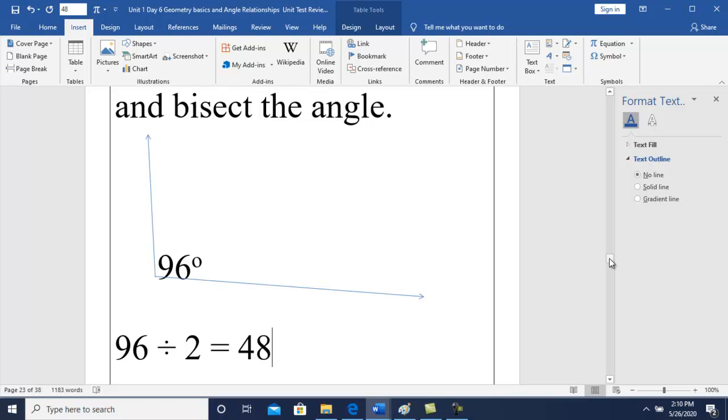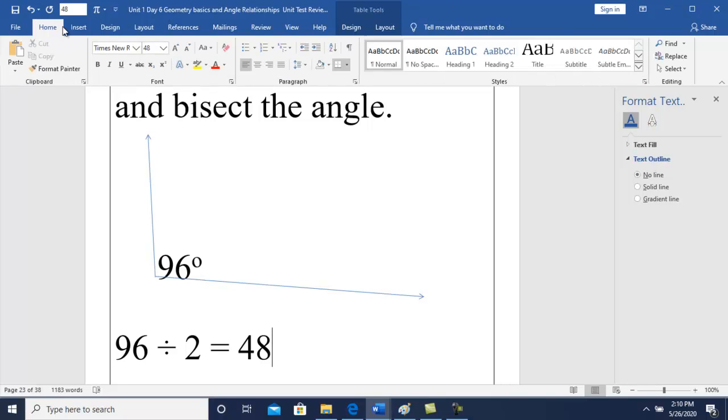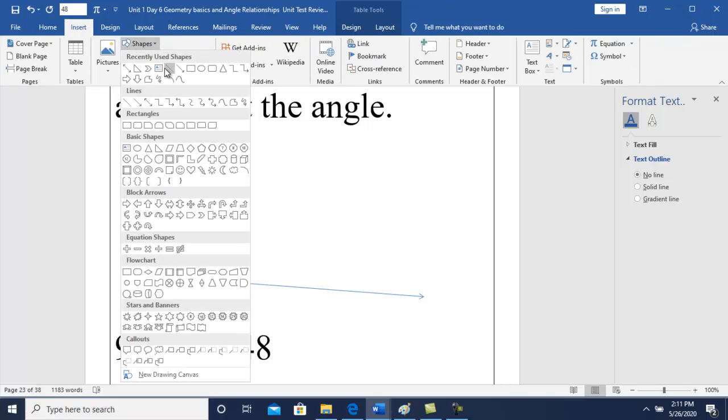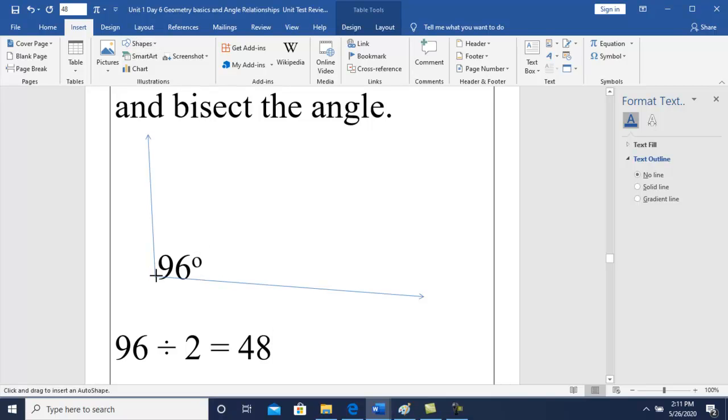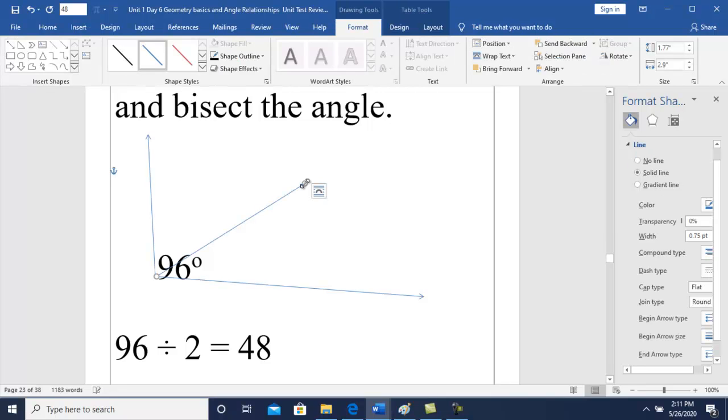Take your protractor, line it up where 0 is, and then identify 48. So we're going to insert a mark.